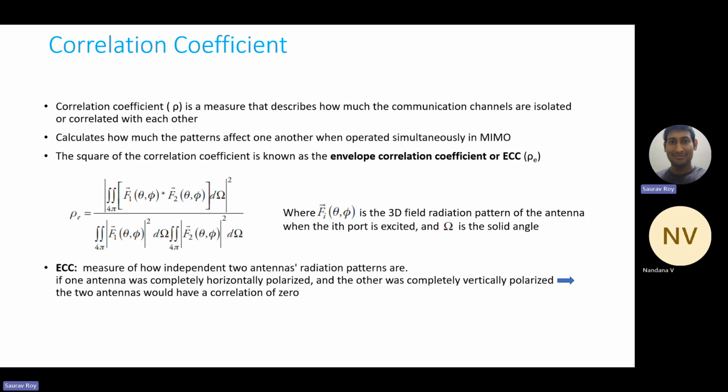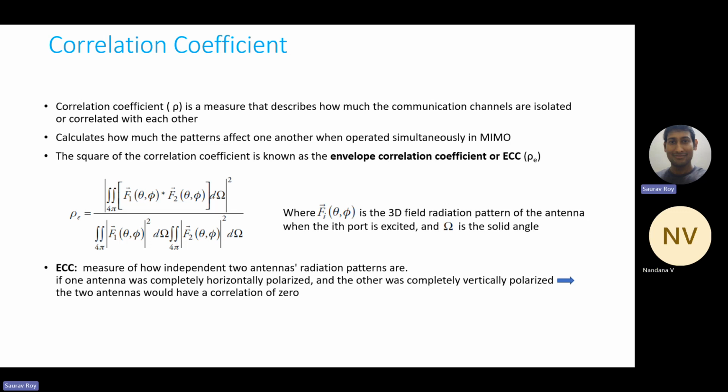So this ECC formula is, you see, a big formula, right? It is measured as the F1 and F2 dot product, integrated over theta and phi. D omega, capital omega, is the 3D angle, measured in steradians. So what is this F theta phi?